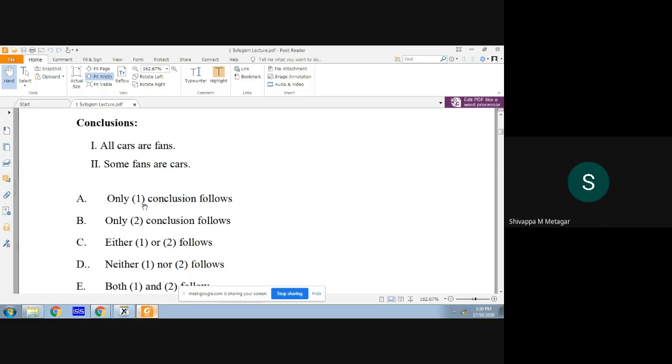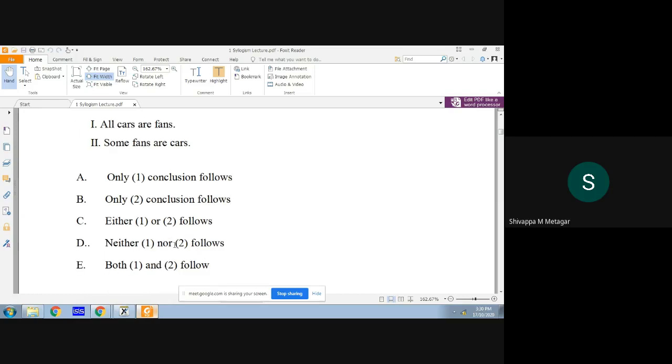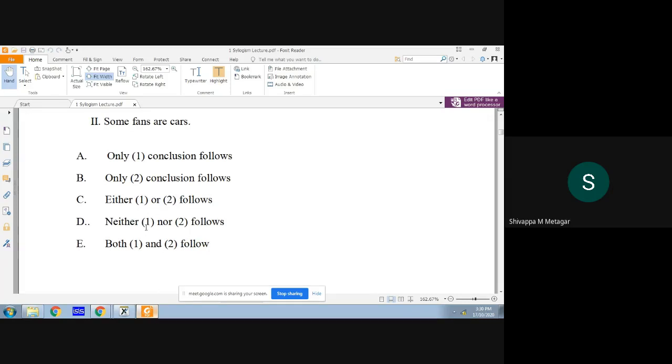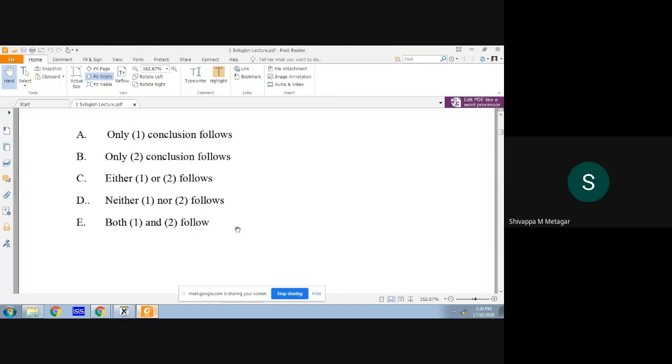So what is the right answer? Whether only one statement is sufficient, both statements are sufficient, either one or two, or neither one nor two. Here both statements are different. Some fans are cars is not related, and all cars are fans is also not related. By using both statements, it is not possible to answer. Your right answer is that neither one nor two follows to answer the given question.